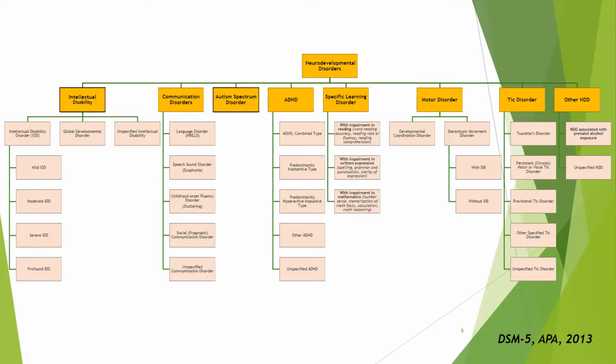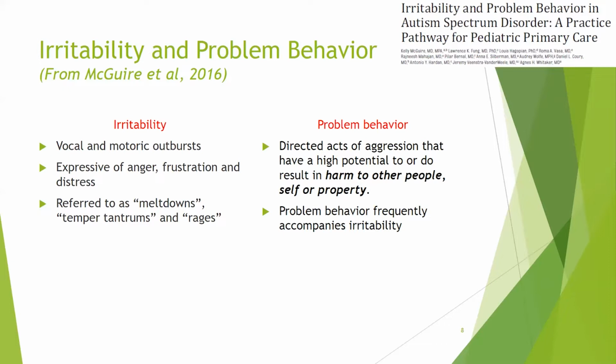Notably, ADHD was included in this category as a neurodevelopmental disorder, along with autism spectrum disorder, intellectual disability, tic disorders, etc. One thing to note would be that fetal alcohol syndrome, which had not been included in previous iterations of DSM, was included in this category of neurodevelopmental disorders under other neurodevelopmental disorders.